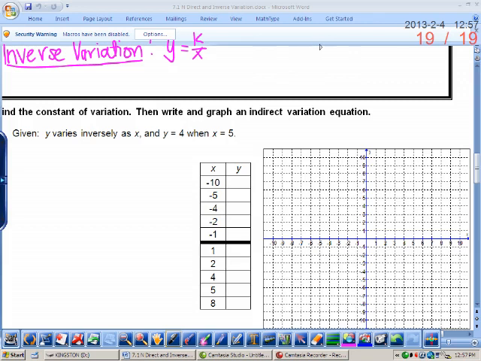So it's important to know in an inverse variation, x cannot equal 0. All right, so y varies inversely as x.